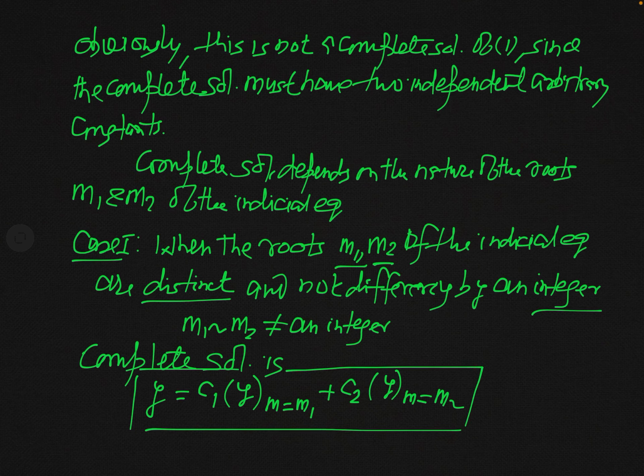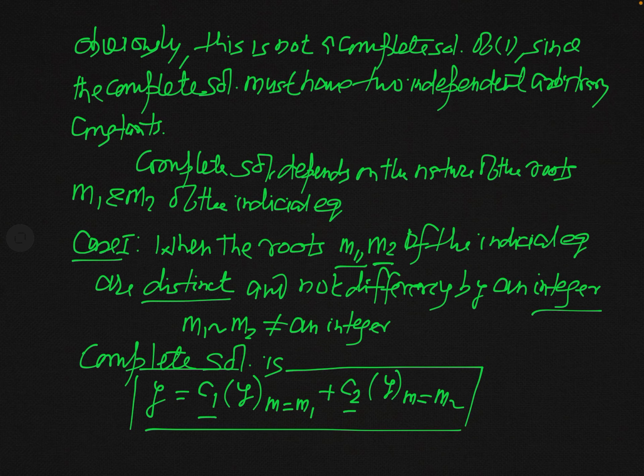After this linear combination we will get the complete solution. You can see in this solution there are two arbitrary constants. The first one is c1, another is c2. So finding the solution for m equal to m1 and m equal to m2, we will simply combine those two solutions linearly, and linear combination means we multiply these two solutions by arbitrary constants and add them, and after that we will get the complete solution of this equation.